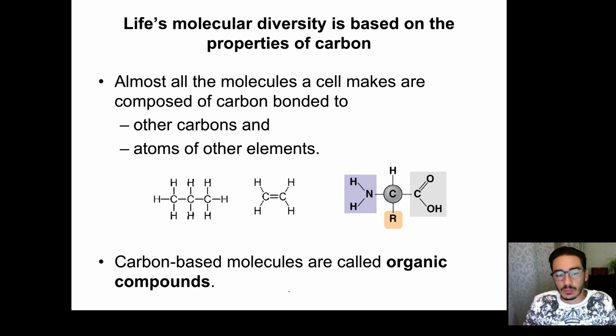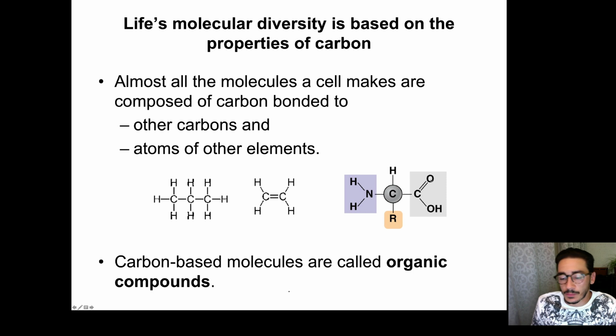One of the most important, I will say we have about 4 to 5 very important molecules. Not molecules, actually, elements, atoms, right? The first one is going to be carbon. The first and most important element is carbon. The second is hydrogen, then nitrogen, and oxygen.